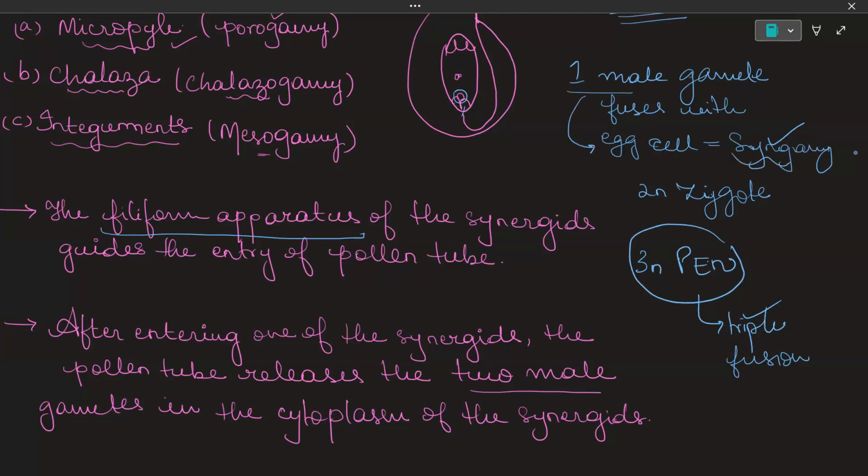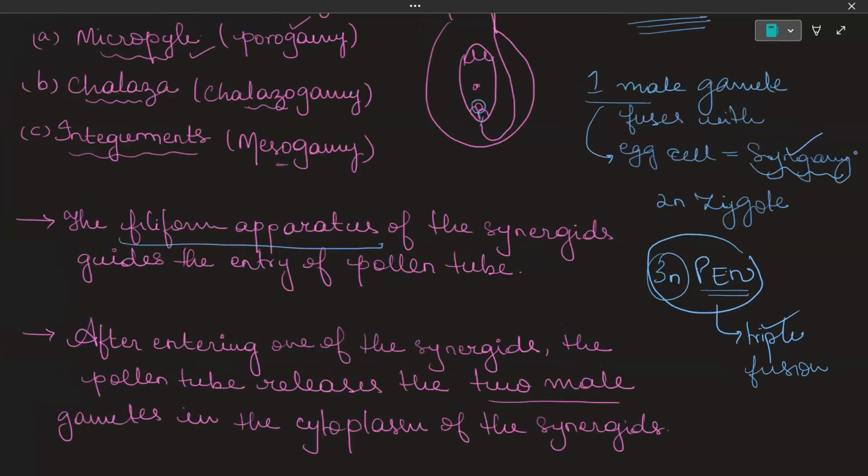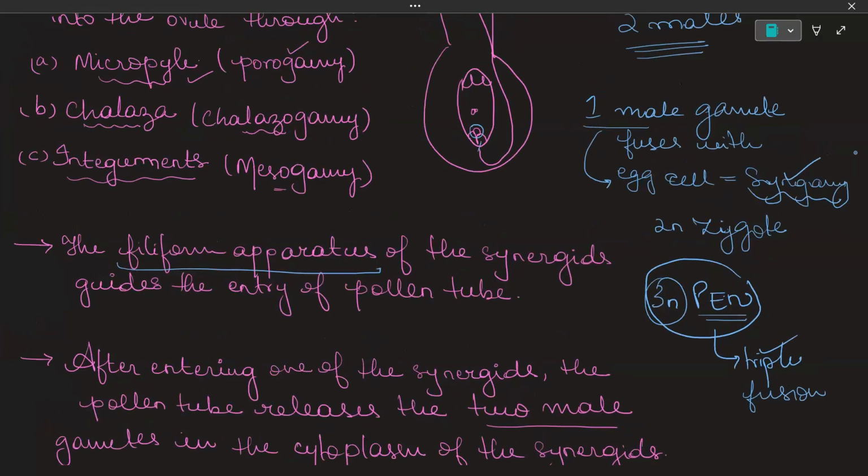When the other male gamete fuses with the polar nuclei to form a triploid primary endosperm nucleus, that is triple fusion. Altogether this is known as double fertilization because fusion, or fertilization, is happening two times.